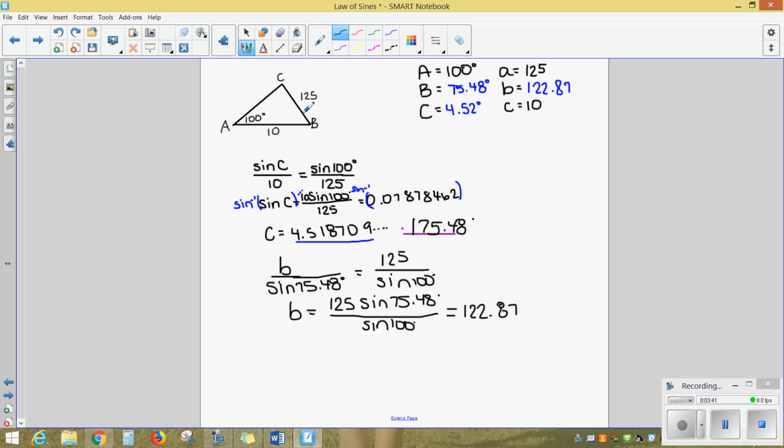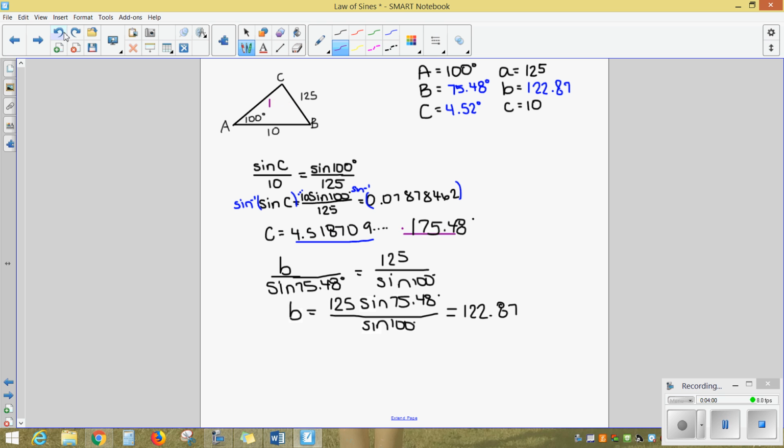If I came up here to angle C and made this angle 175.48 degrees, could I have a triangle? Is that a possibility? Hopefully you're saying no, because right now those two add up to 275 degrees without even putting the B in.